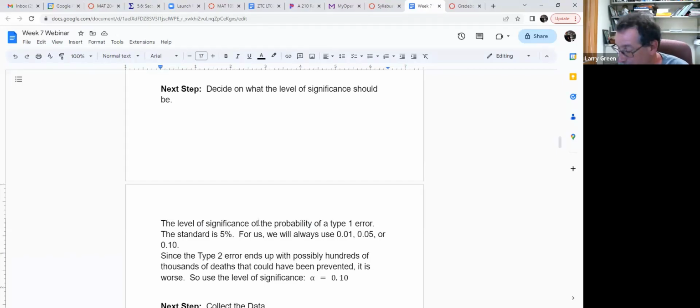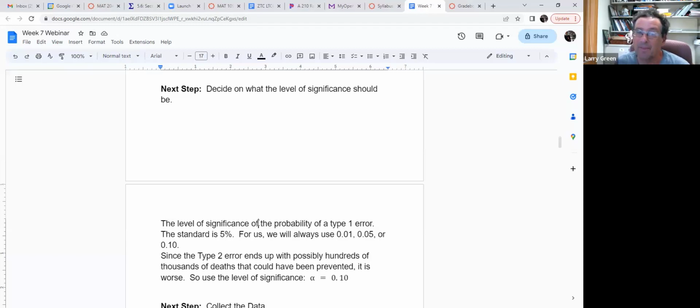So that's an issue. You have to see which is worse, the type 1 or the type 2 error. Just to note, the main standard is that you use a 5% level of significance if type 1 and type 2 errors are similarly bad.